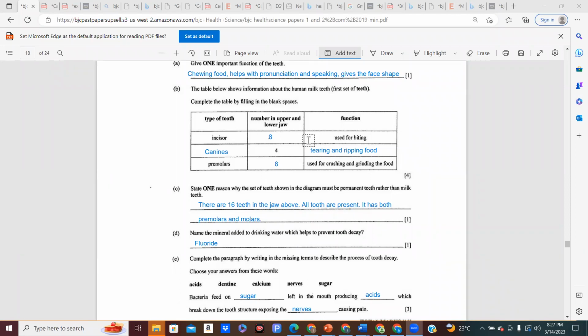Again, what's the function of the incisors? Can I have from Kevin? I'll ask Karen. What do you say? Bite into food. Good.